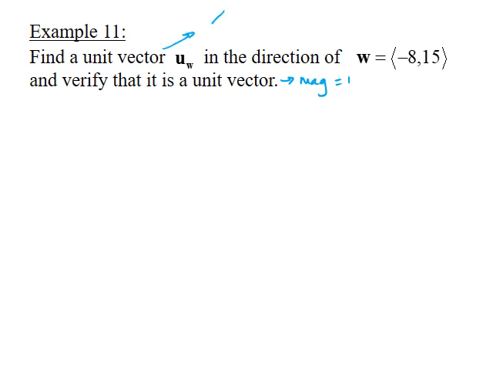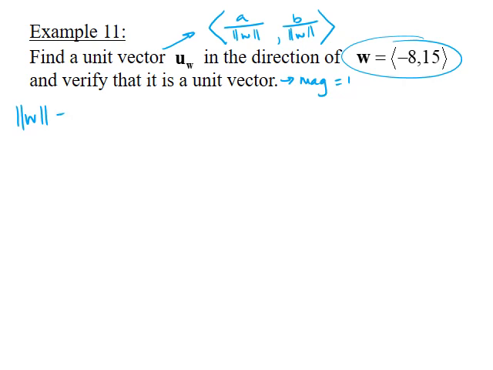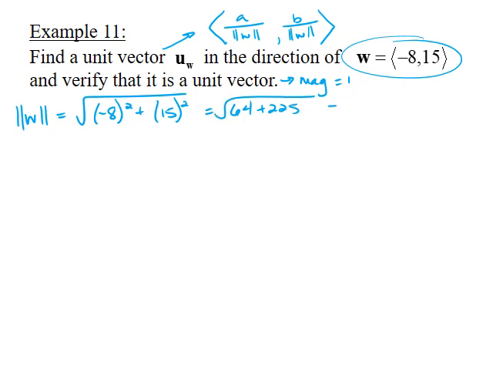And the formula that we will use is A over the magnitude of W and then B over the magnitude of W. So the first thing we ought to do is find the magnitude of this. Okay, so we've done this before. We're going to take the square root of A squared plus B squared, or X and Y. This is equal to 64 plus 225. If I find the sum and take the square root of that, I get 17.